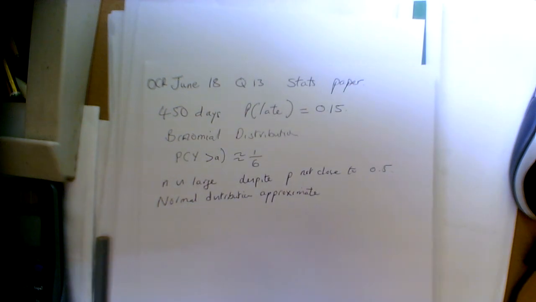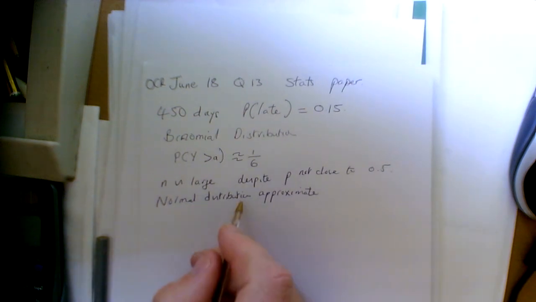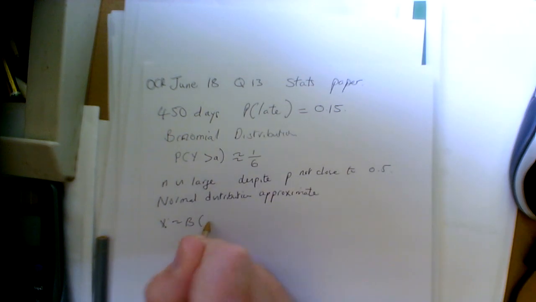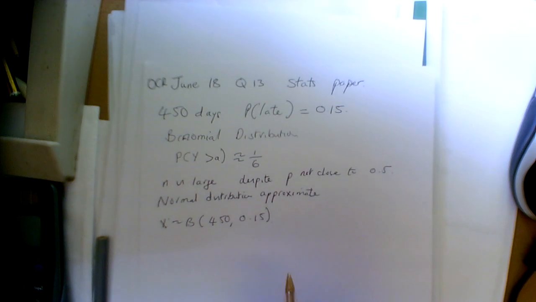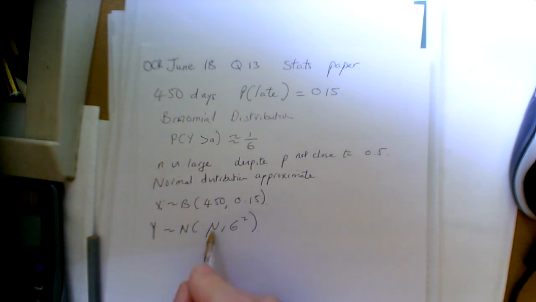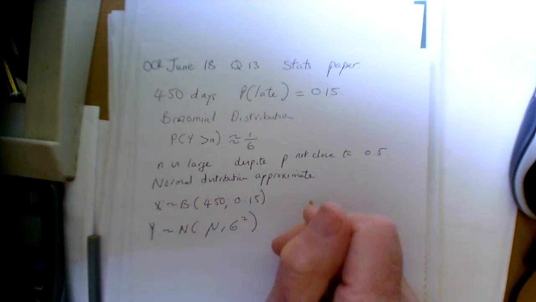Okay, so therefore, if we can have a normal distribution, so if our binomial distribution would be 450, 0.15, then in our normal distribution, we've got to obviously have mu and the standard deviation squared, the variance. So to get to that, the formula for that is on the formula sheet.